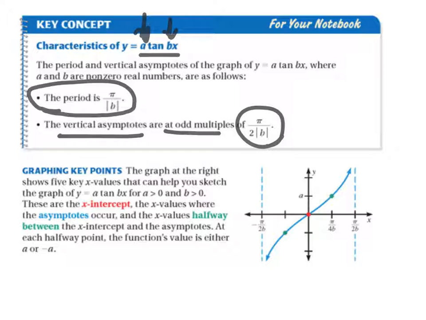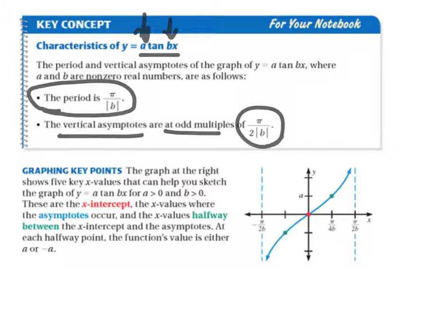Now the graph at the right shows 5 key x values that can help you sketch the graph of y equals a tan bx for a is greater than 0 and b is greater than 0. So our 5 values are the x-intercept, the x values where the asymptotes occur, and the x values halfway between the x-intercept and the asymptotes.